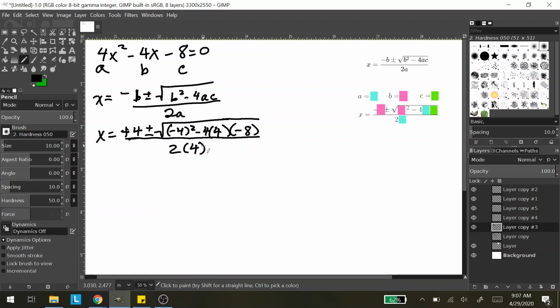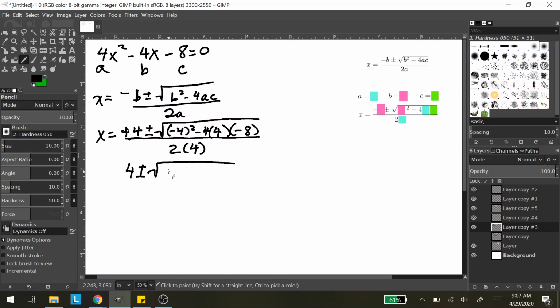And now we just simplify. Most of the time it's going to be really easy to simplify this. We can't cross anything out top or bottom until we get rid of this square root and combine it to just one term on the top or one term on the bottom. The 4 is going to be just chilling. The plus or minus stays.